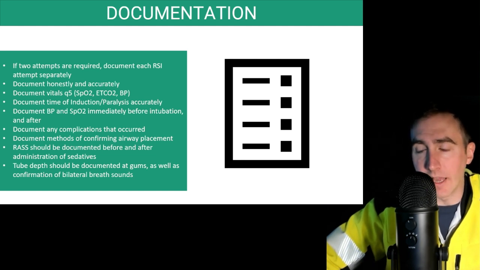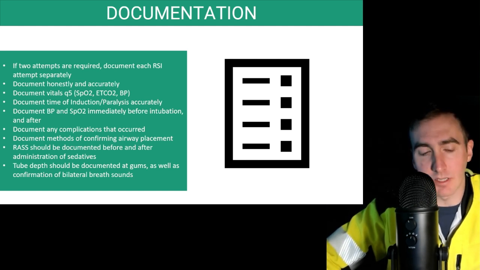Document honestly and accurately. We're going to start off with a small cadre of folks that we're credentialing to perform this. That doesn't mean that you can't do any part of the procedure, but this person has to be there because they're being signed off by our medical director to be able to do this. Everyone's getting trained on it, but they have to be there.